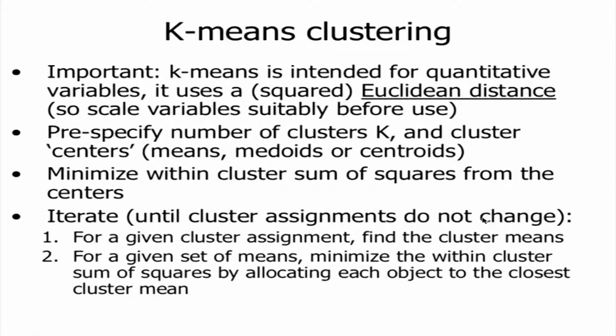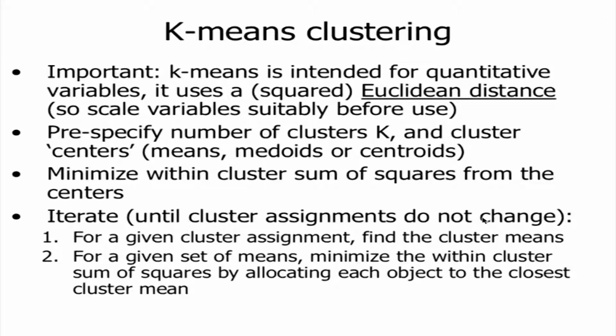Then the user has to pre-specify how many clusters they want. That's the parameter k. And then you may have starting points for the cluster centers. The algorithm iterates between cluster assignment and reallocating points to find a cluster assignment that leads to the lowest within point scatter function. So that's k-means clustering.